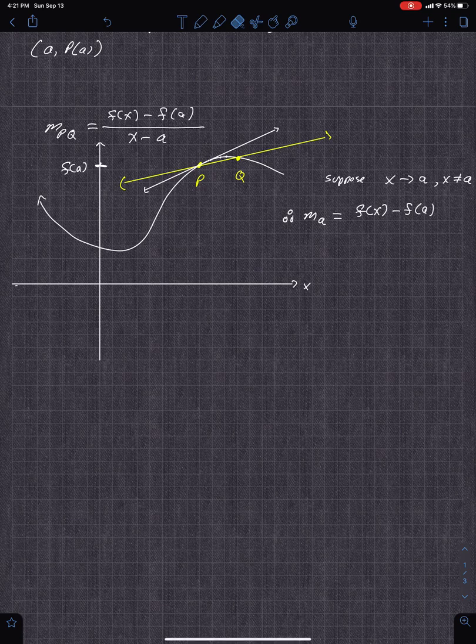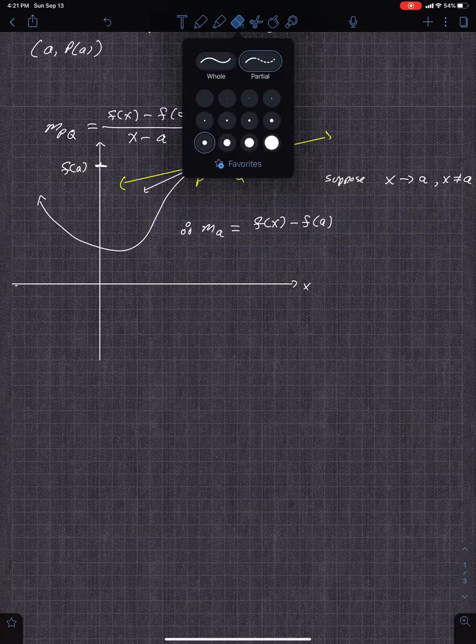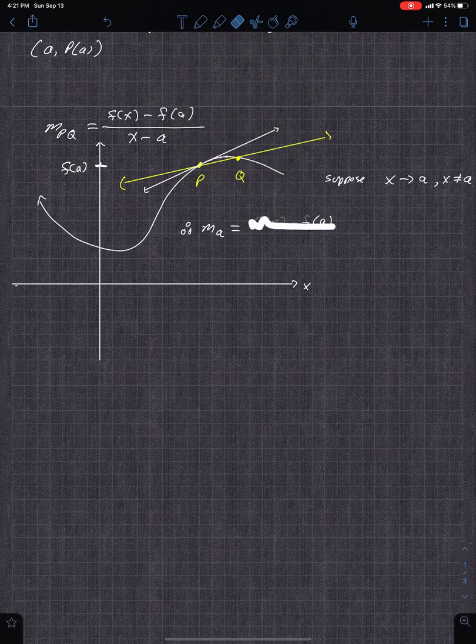Give me a second here. Put this over here and erase that. Okay. We want to approach that value. So down here, this is my a value, and I'm going to start off here with x1.